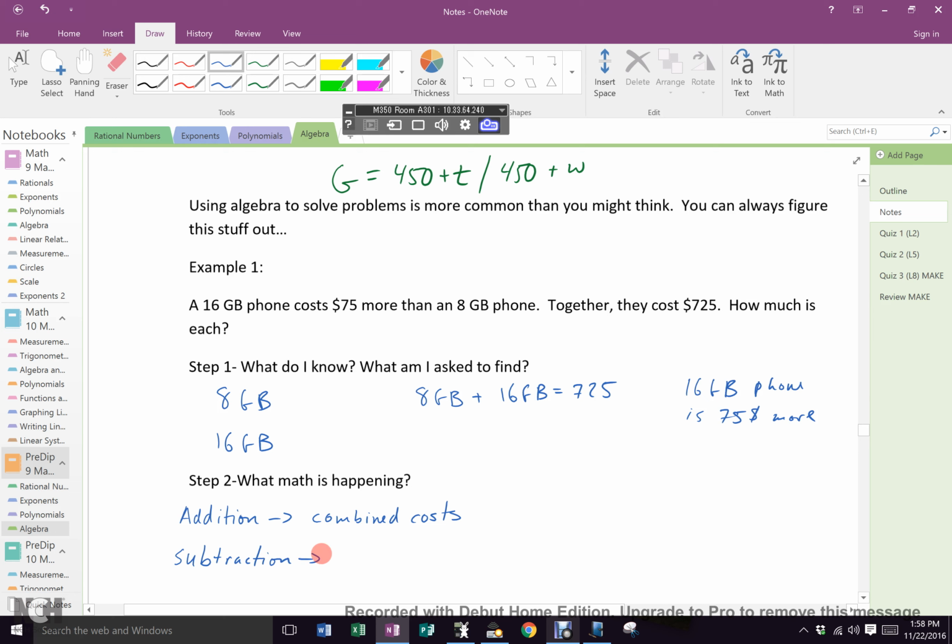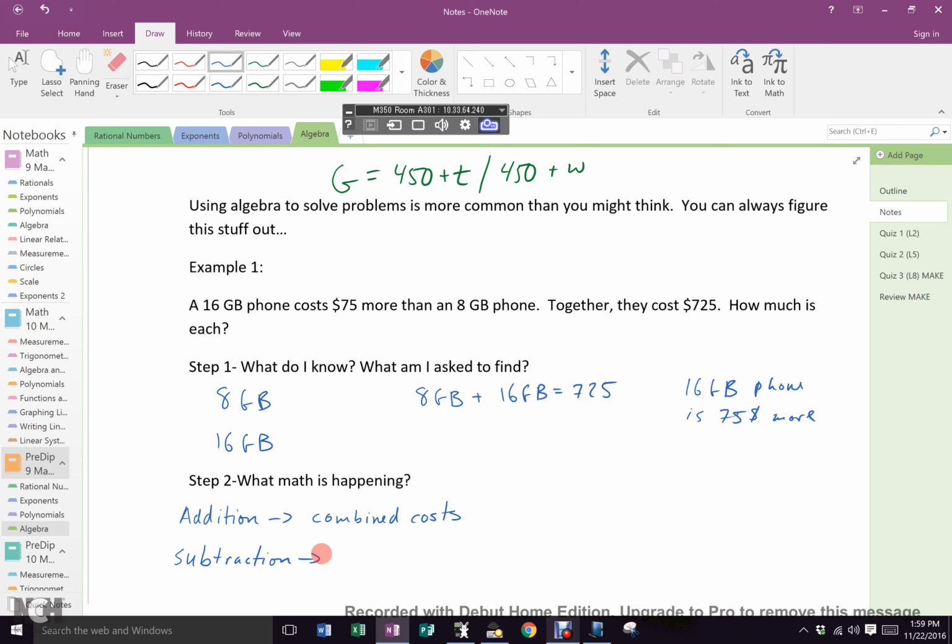Jack? Division, where? When you have to figure out what the individual price of the two phones is. What are you going to divide? Well, it kind of works with Carlin's idea.